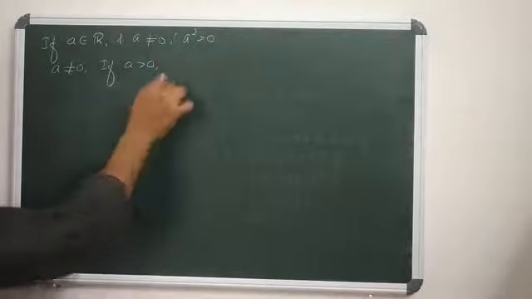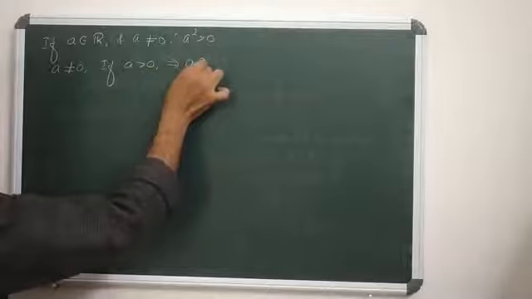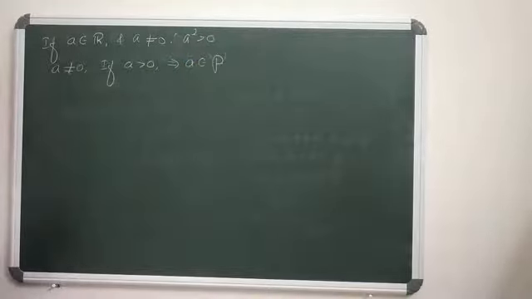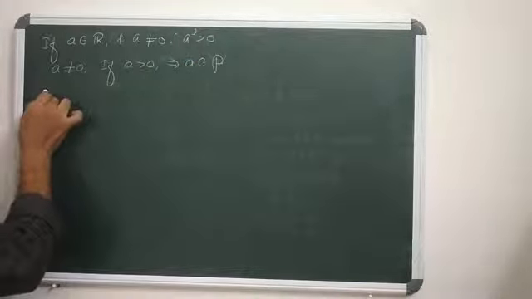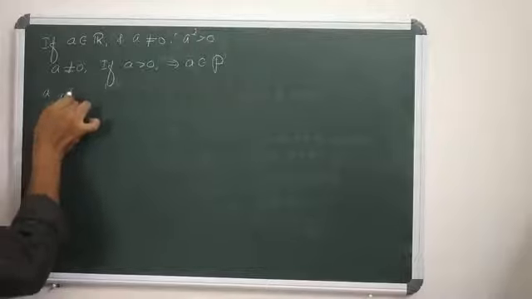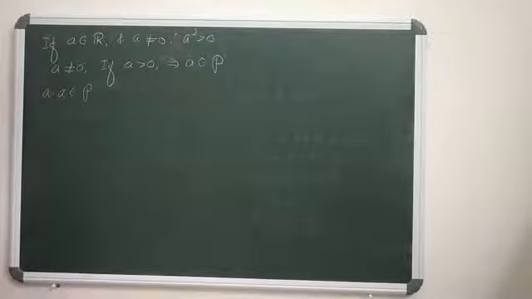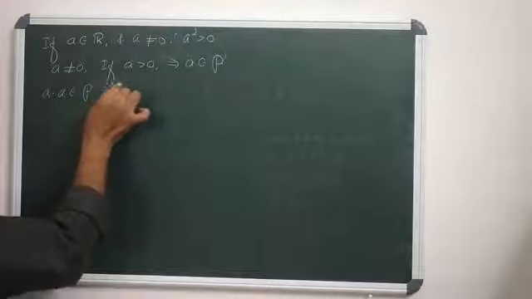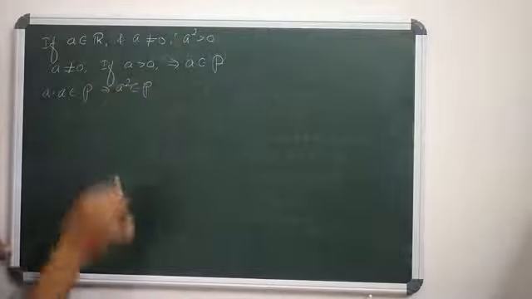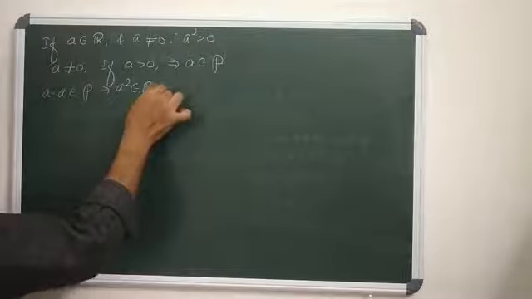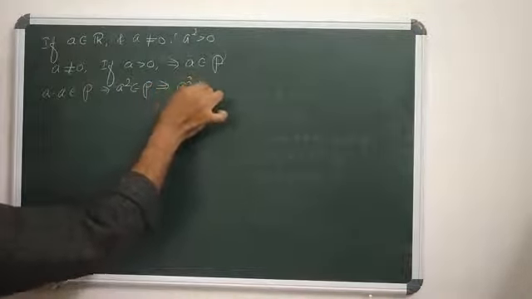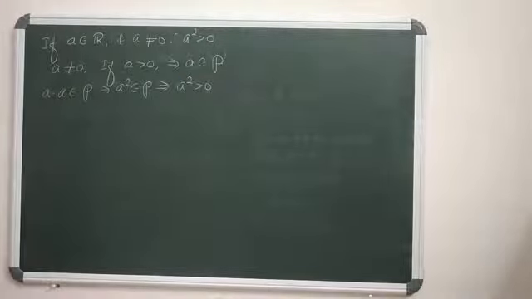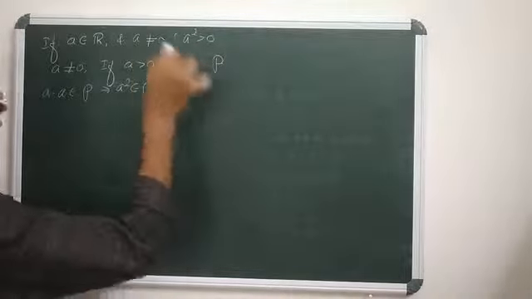A positive means A is a positive real number, so A is in P. Since A is in P and P is closed under multiplication, A into A also is in P. Why? Because P is closed under multiplication. So A square also is in P. A square in P means A square is positive. Finished. So when A is positive, A square is positive.